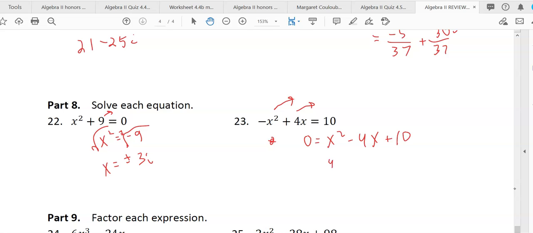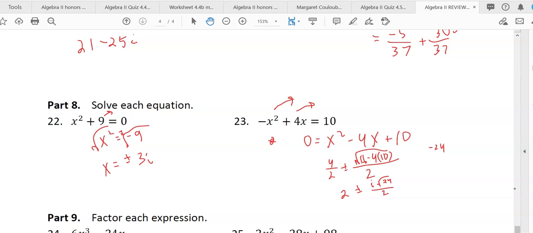So opposite b would be 4 over 2 times 1 plus or minus. b squared is 16 minus 4 times 10. 16 minus 40 is negative 24. So this ends up being 2 plus or minus i root 24 over 2.